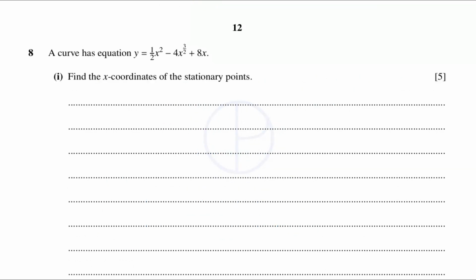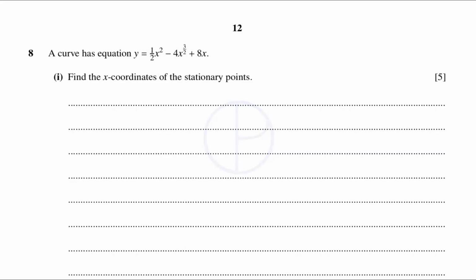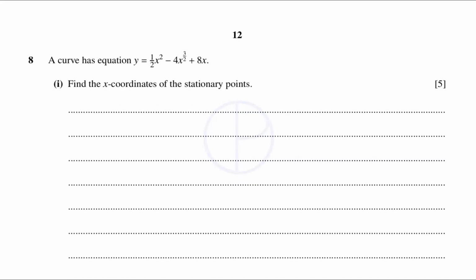Next, question number 8. The curve equation is given. Find the x coordinates of the stationary points. To find the stationary points, we need to differentiate the given equation of the curve and equate it to 0. So what is dy by dx?